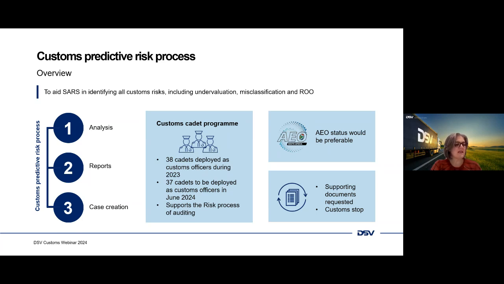I think that this is a great initiative from SARS for us that are compliant and want to facilitate our trade, because then they can zone in on those particular traders that are not compliant. So quite a good initiative that comes from SARS.